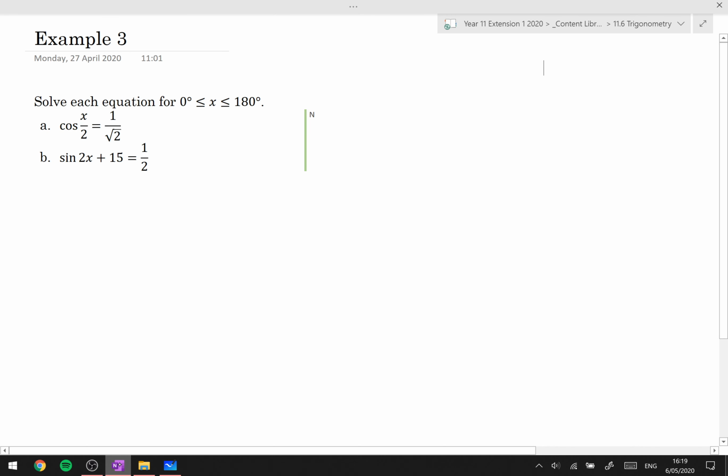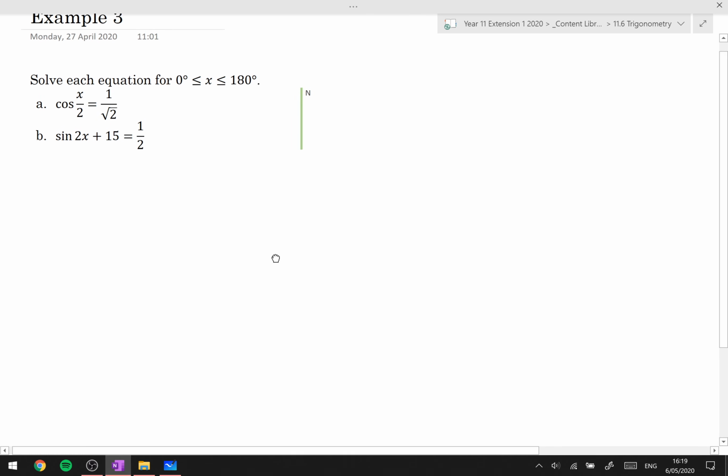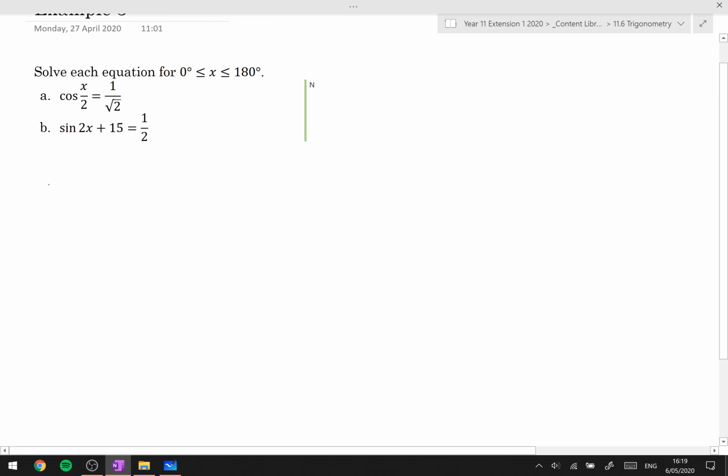So what we're going to do first is solve each of the equations for x between 0 and 180 degrees. Our first one is cos of x over 2 is equal to 1 on root 2. We start off by letting u be equal to x on 2. I'll rewrite this up here so I remember what it is: cos of x on 2 is equal to 1 on root 2.